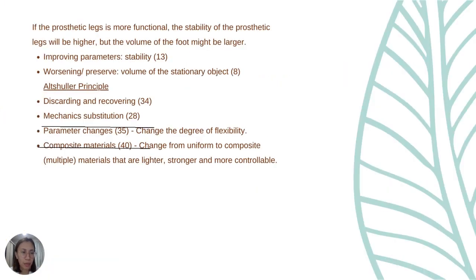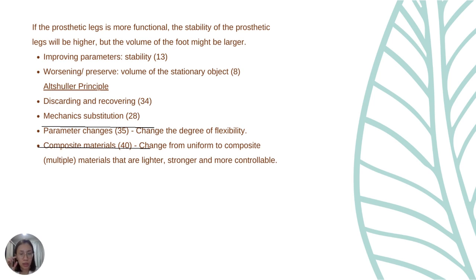And second, if the prosthetic leg is more functional, the stability of the prosthetic leg will be higher, but the volume of the foot might be larger. So in this case, we improve the stability, but the volume of the stationary object will increase, which is the volume of the foot.